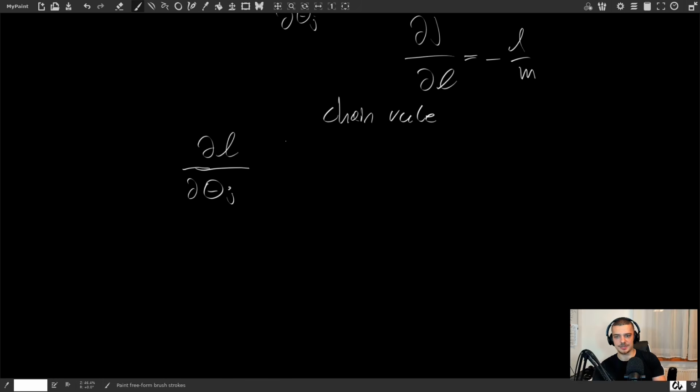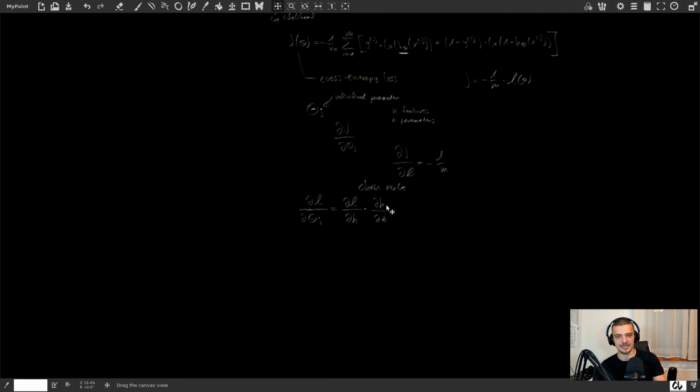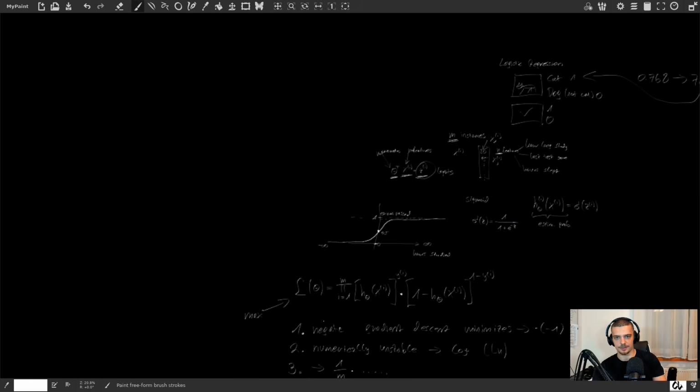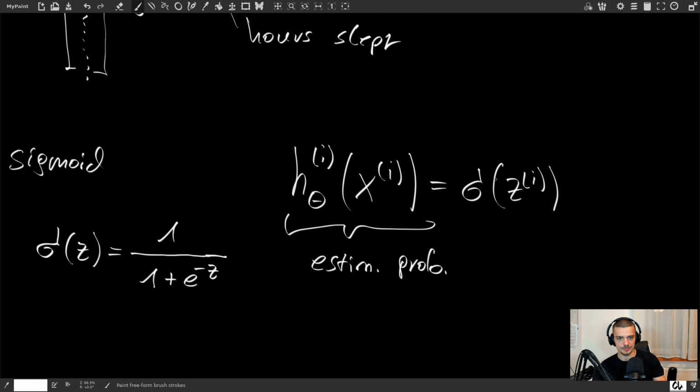So the first thing: my log likelihood depends on h. What is the relationship here? How does it change? Then, however, I also have h, which changes with respect to z. Remember, h is just the sigmoid function called onto z.